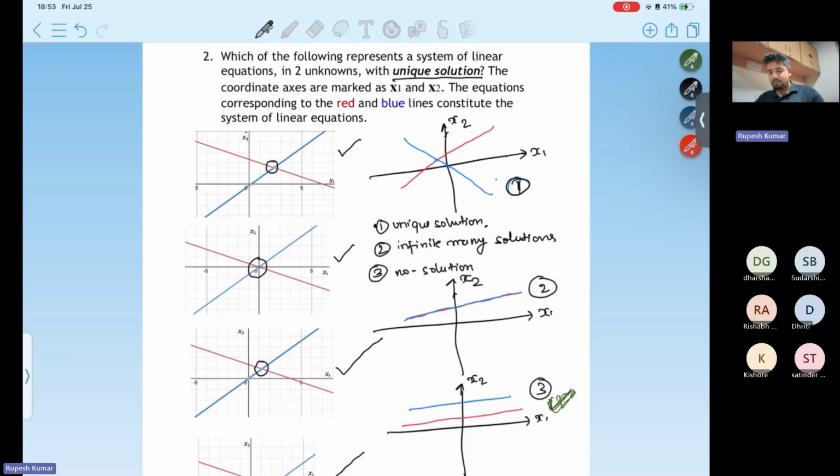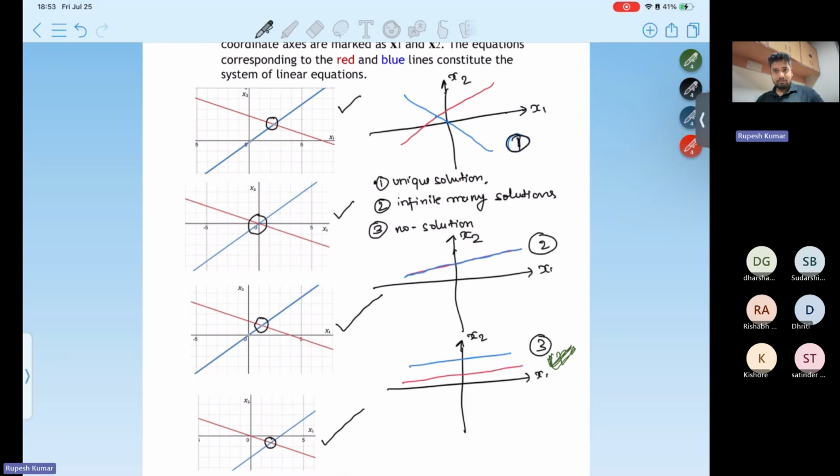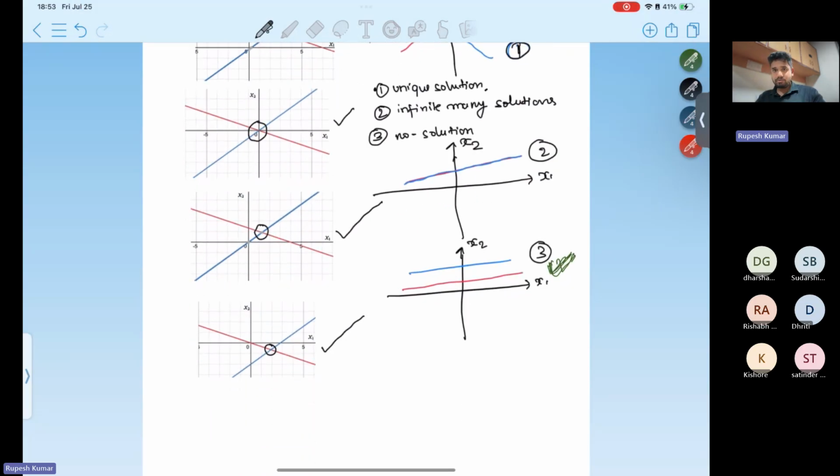For example, this figure, this graph. Then the second one is infinitely many solutions, when both lines lie on the same line, or if you're trying to find an intersection between two planes in the 3D Cartesian system, you may get systems where you will get infinitely many solutions. And the third one is no solution, where the lines or the planes will be parallel, so they will never intersect anywhere.